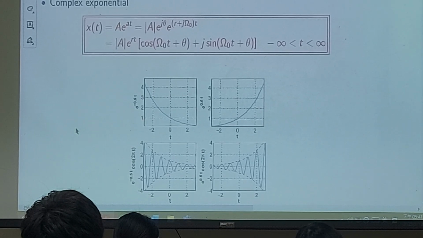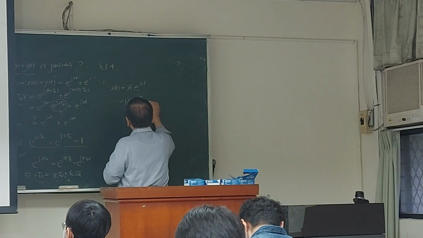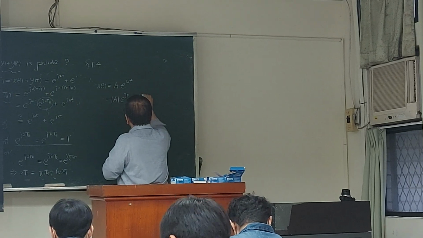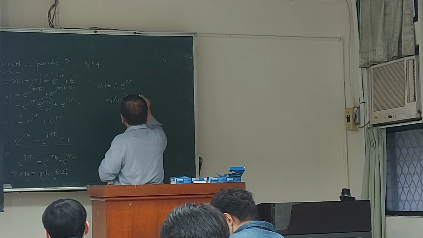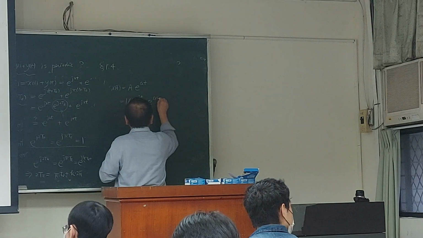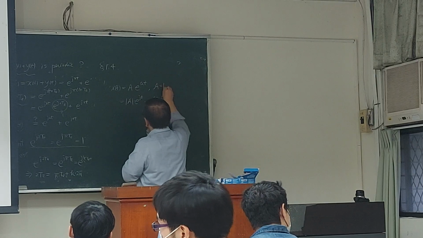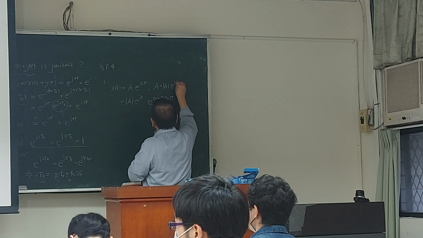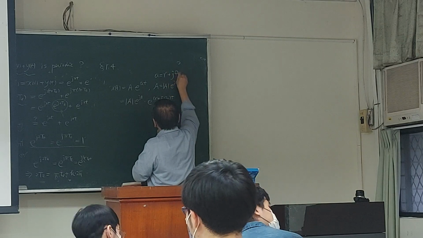Maybe let me write that very quickly. First is A times e to the j phi, I'm sorry, then e to the kt omega sub 0. So here A is equal to the magnitude times the phase, and the small a is r plus j times omega sub 0.